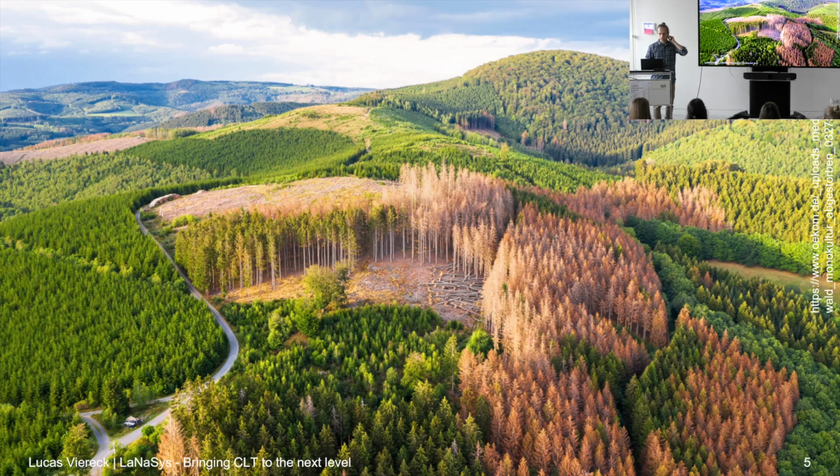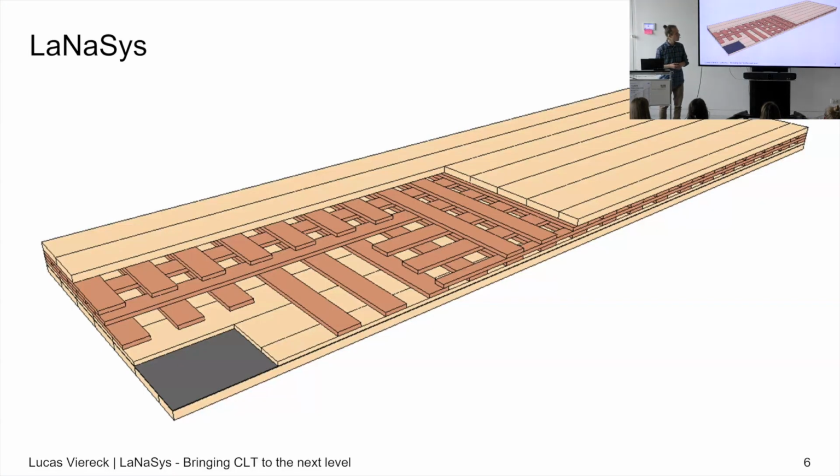So the question is, is CLT made out of spruce or other softwood really the answer to the future of timber construction, or do we need to rethink and develop new products that save material and that use local hardwoods instead of softwood? And our approach in the project LaNaSys was this.